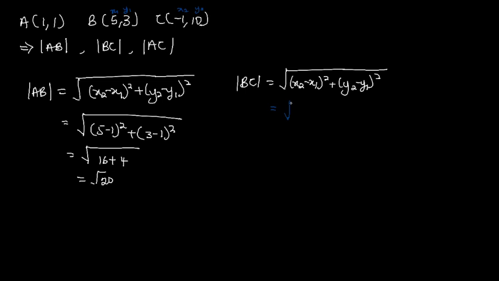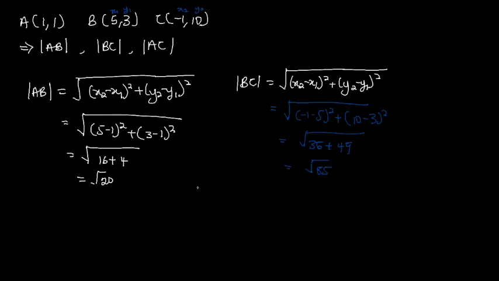So this will be equal to, my x2 is -1 minus my x1 is 5, I square that, plus my y2 is 10 minus my y1, which is 3 all squared. So if I compute everything here into the calculator, -1 minus 5 will give me -6, -6 squared will give me 36, plus 10 minus 3 will give me 7 squared will give me 49, and then 36 plus 49 will give me the root of 85.